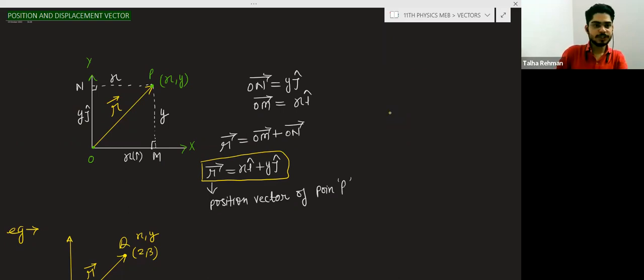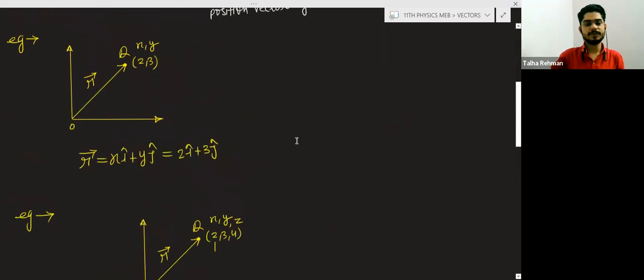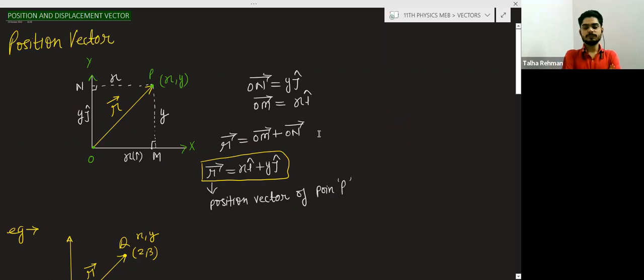So first is the position vector, and from here, the displacement vector. Okay, write down.